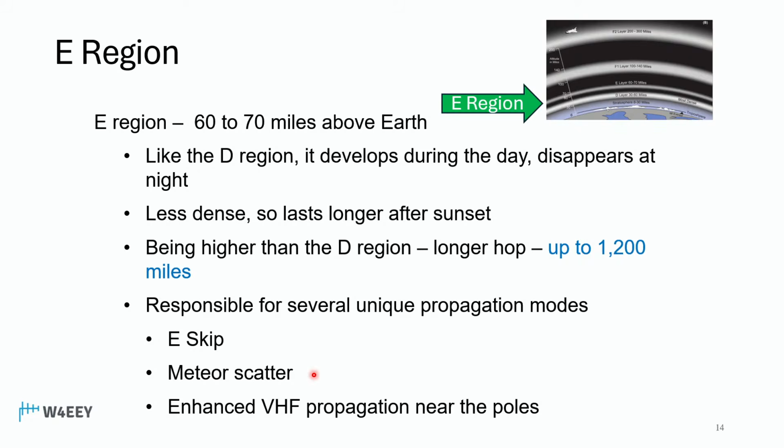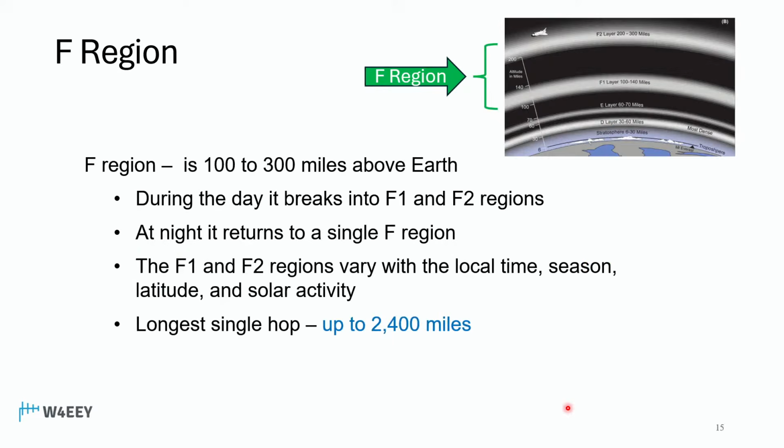Most of them are about the size of a grain of sand, but when they burn up in the atmosphere, they create an ionized trail that's actually possible to bounce signals off of. That's what meteor scatter is all about. And then there's one special case. Sometimes we can have an enhanced VHF propagation near the poles, the North Pole and the South Pole. More on that to come.